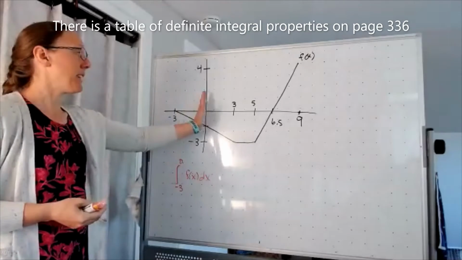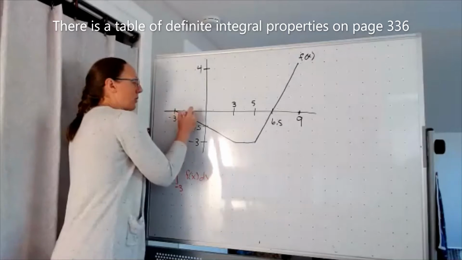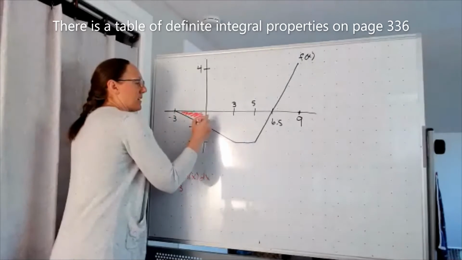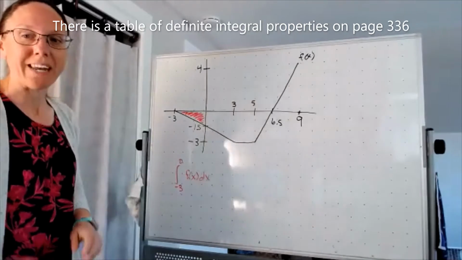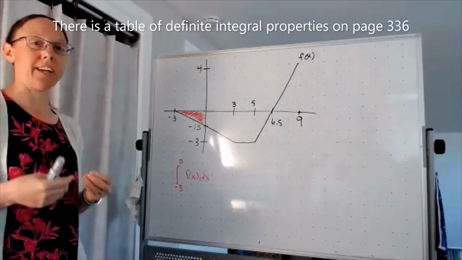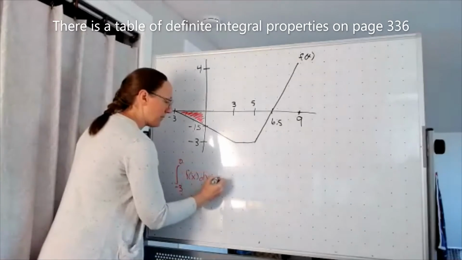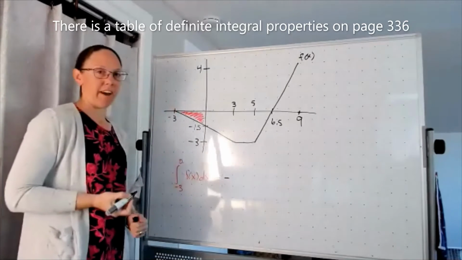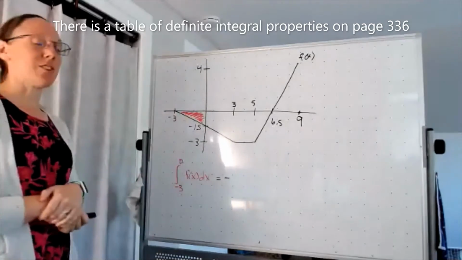Now from -3 to 0 in terms of x values, all of this is below the axis. So already I know that my answer to this question is going to be negative. And that's the idea of signed area. So if the area is below the axis, then we're going to get a negative value. The next piece of this is that's a triangle.